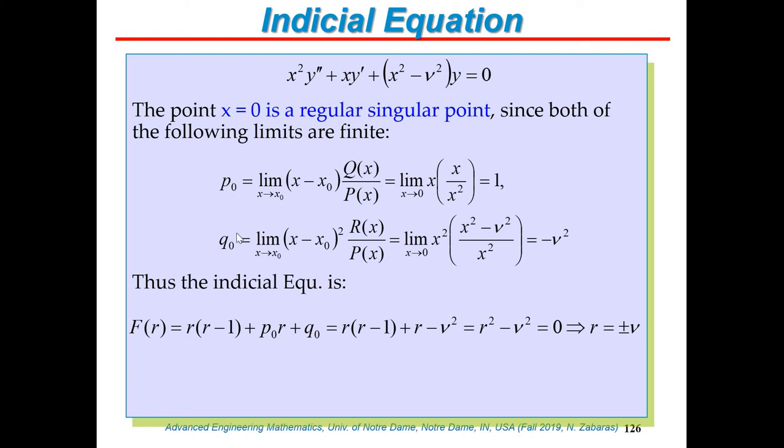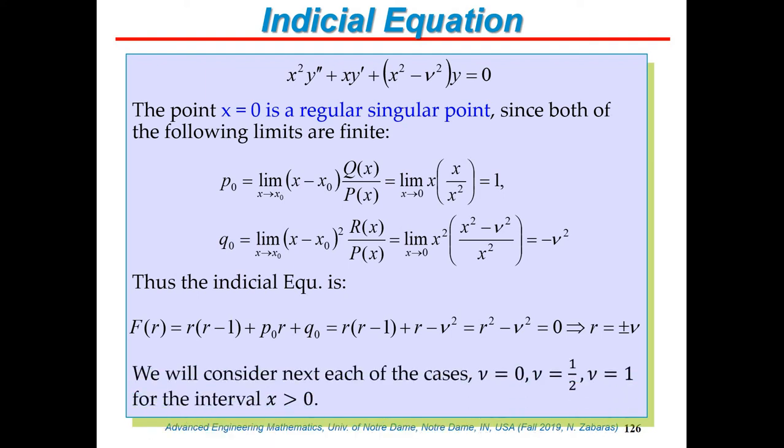I remind you p0 and q0 are the leading terms in the power series expansion of these expressions around x0, all right? And this is what is coming in the indicial equation that relates the general differential equation with the corresponding Euler equation.